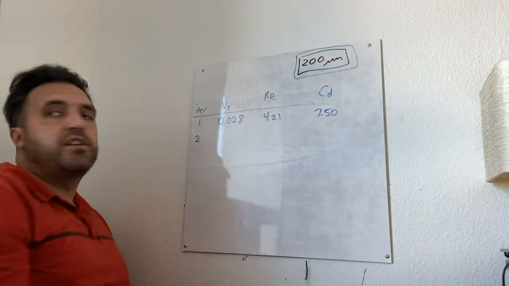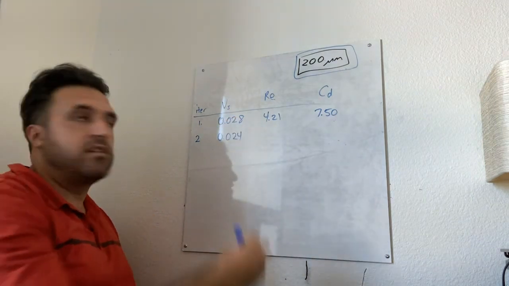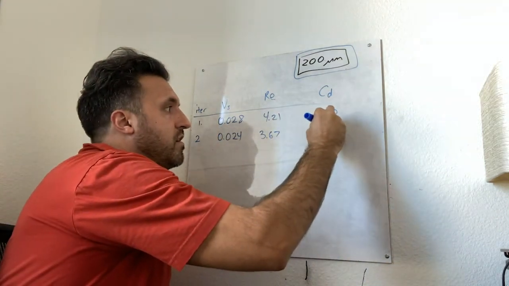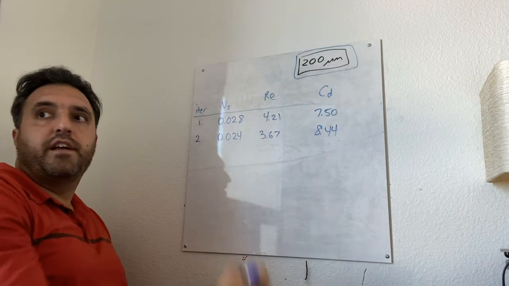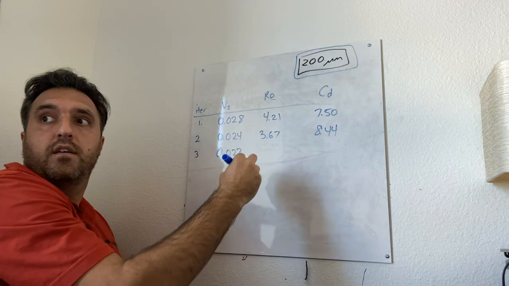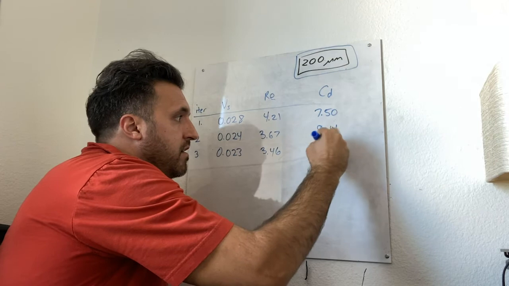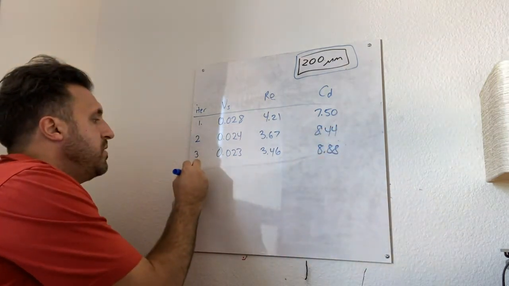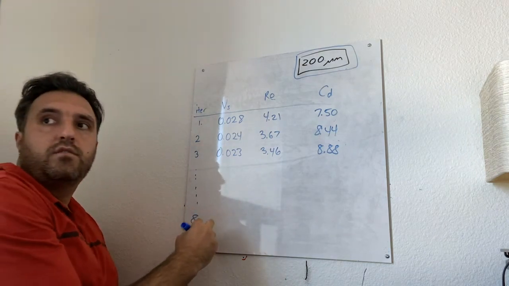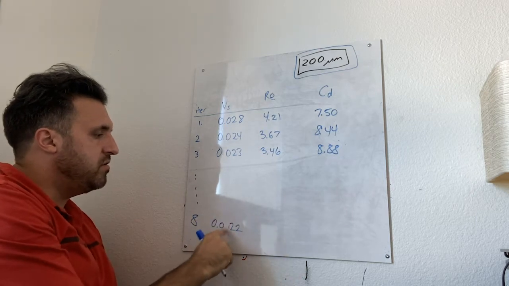The second iteration gave us an estimate for settling velocity of 0.024, a Reynolds number of 3.67, and a drag coefficient of 8.44. The third iteration, 0.023, 3.46, and 8.88. So on and so forth. By the time we get to the eighth iteration, you'd see that the settling velocity is remaining constant at 0.022.